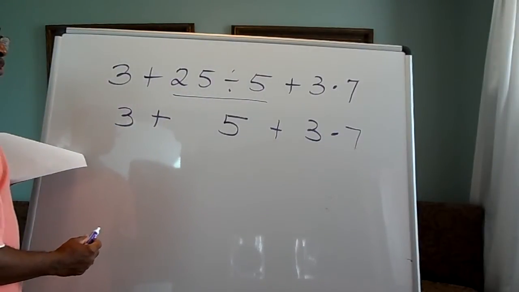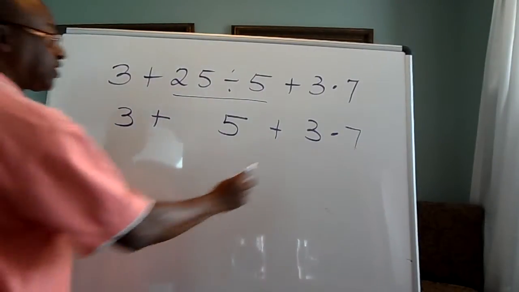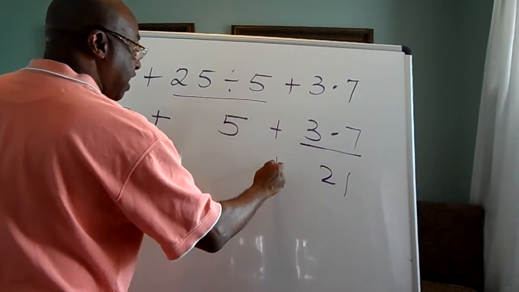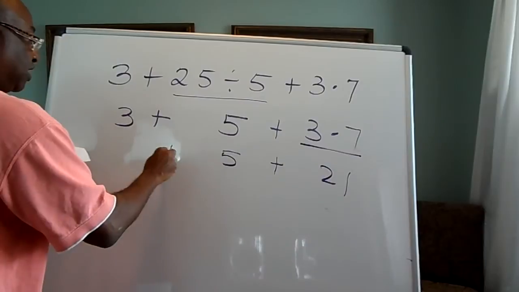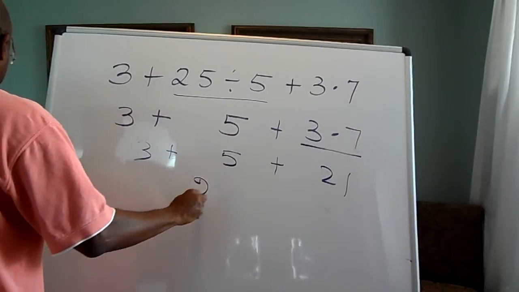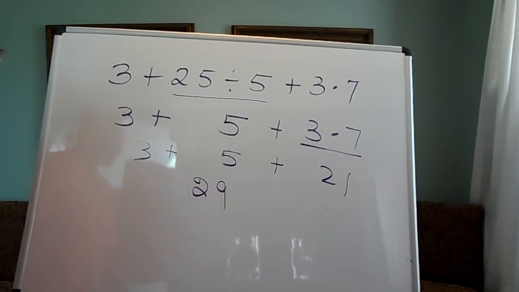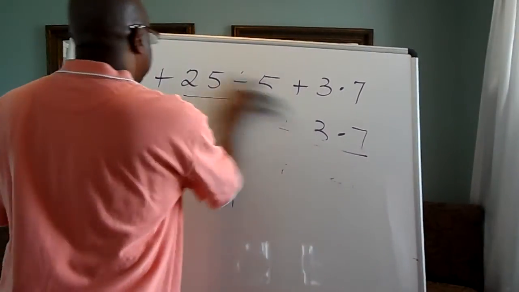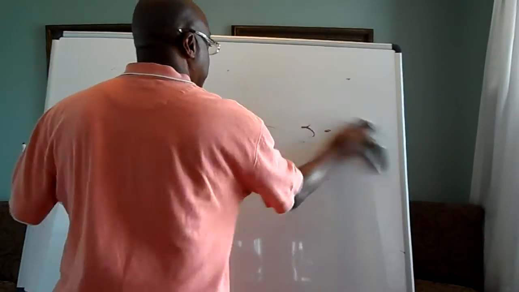Addition and subtraction are done last. So we do the multiplication here to get 21. Bring down everything else. Add, and we get 29. So remember the order of operations: Please excuse my dear Aunt Sally. PEMDAS. Okay. Let's review problem number 2.